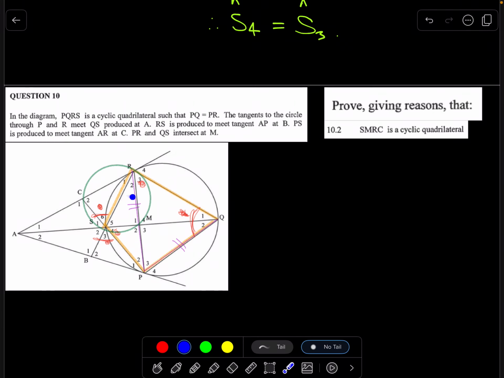It's equal to R1 and R2, so this is also dot. So if I can show that S1 is also a dot, let me just highlight this supposed cyclic quad for myself because I'm getting dizzy.